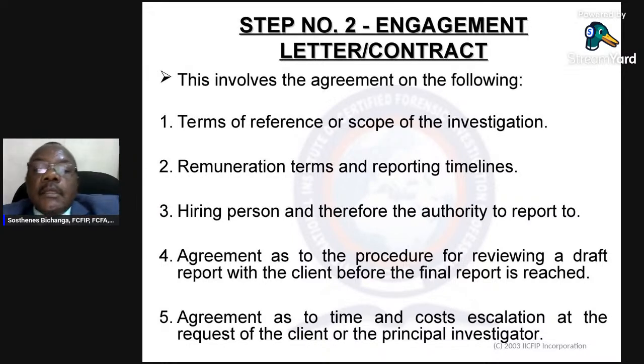Number 6, dispute resolution procedures. Dispute may arise from either party to the engagement. The investigation team may raise some dispute, or the client may raise the dispute.